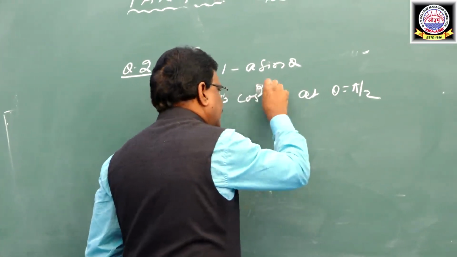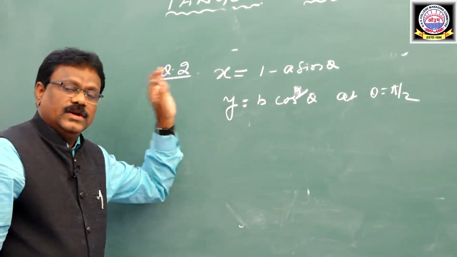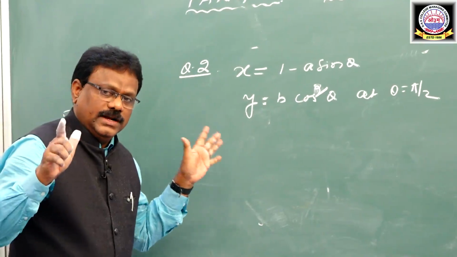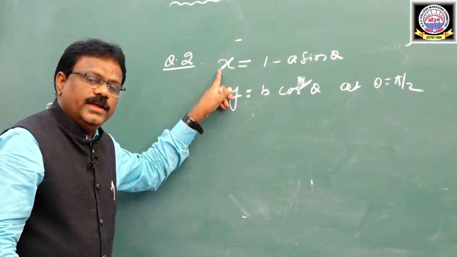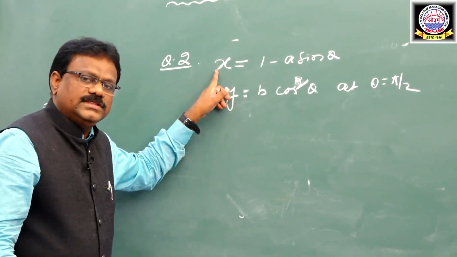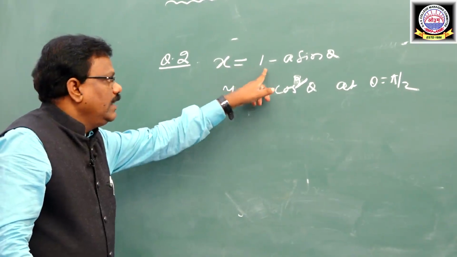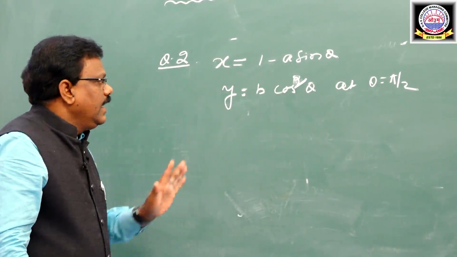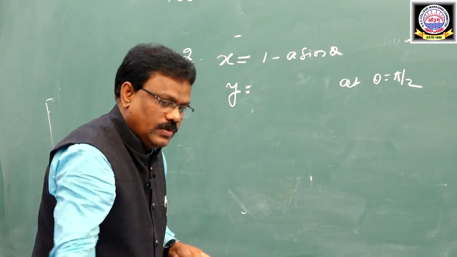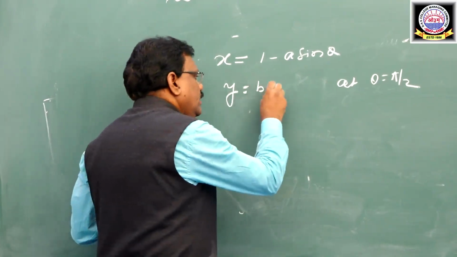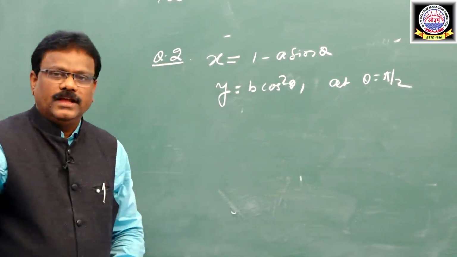You take cos square theta. So once again you see the question. Once again I am telling, try to understand what I am going to tell. Once again we are going to find the slope of the tangent and normal where x is equal to 1 minus a sin theta and y is equal to b cos square theta at theta is equal to pi by 2.